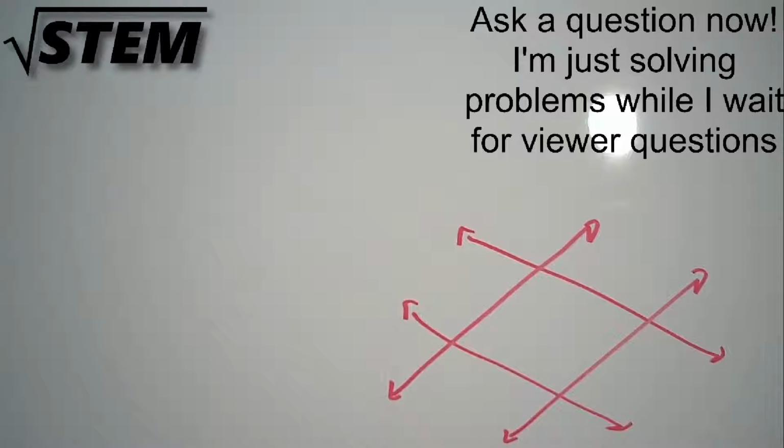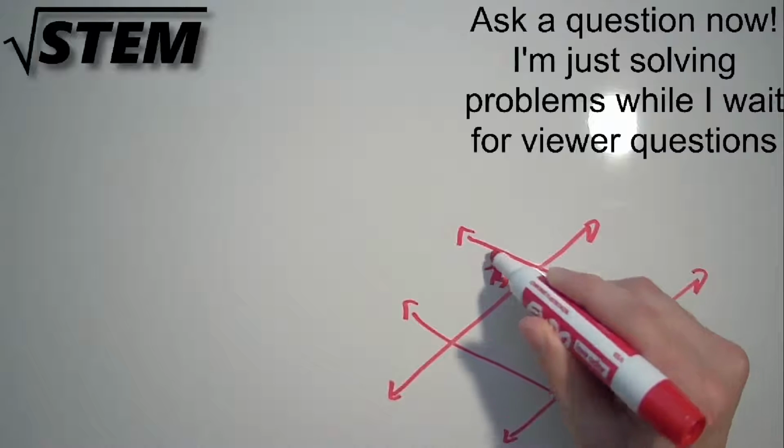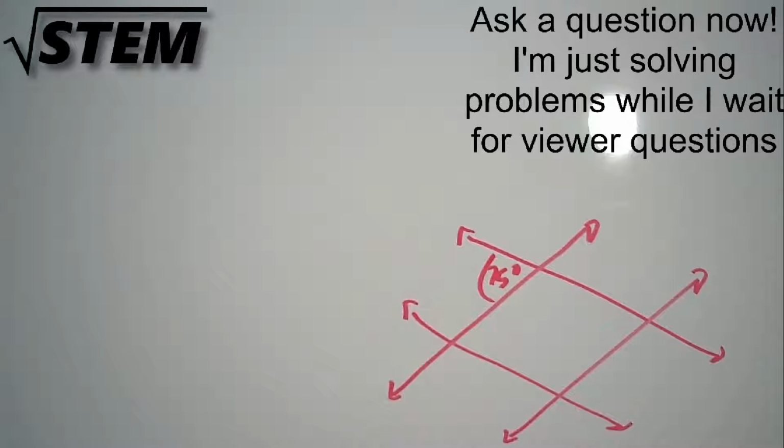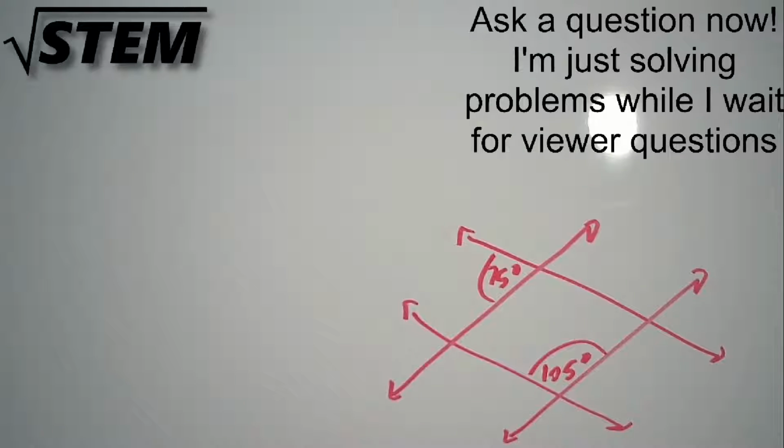So we have this angle, 75 degrees, and this one is 105 degrees. And we need to fill in all of the other angles.